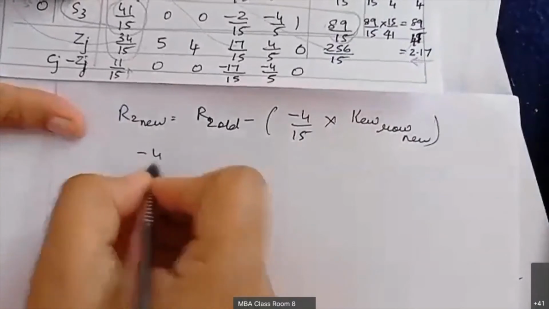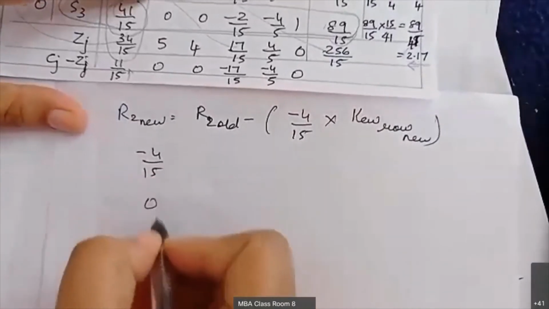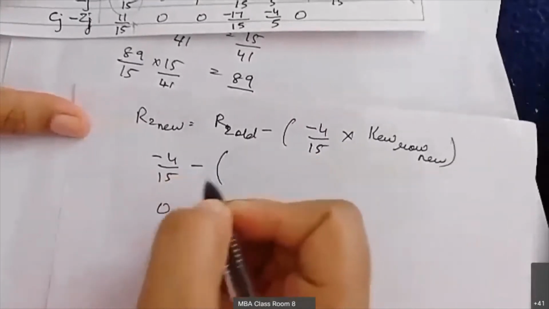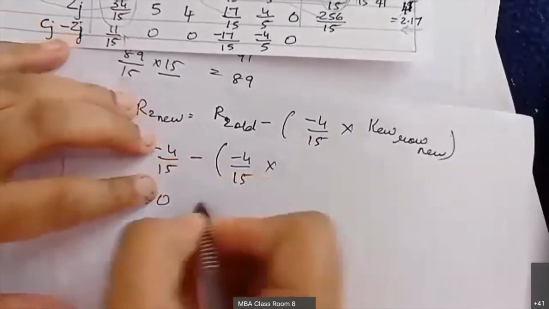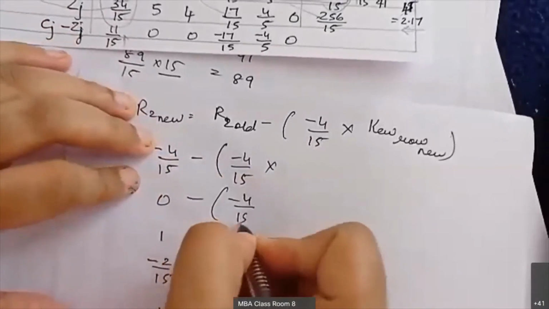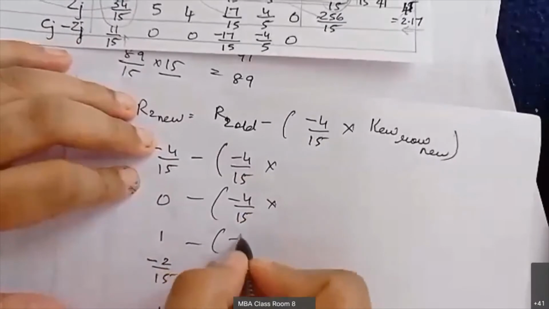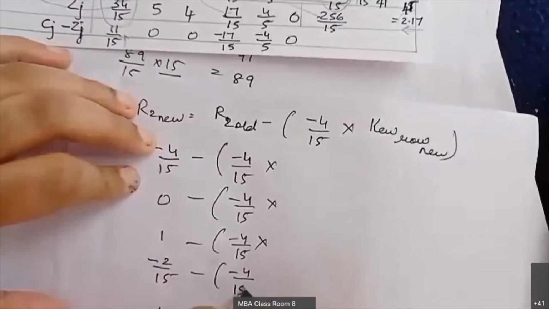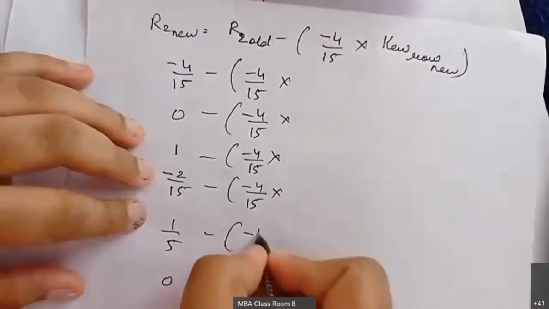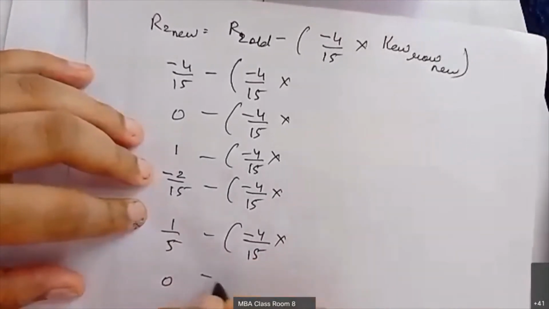That is minus 4 by 15, then 0, 1, minus 2 by 15, 1 by 5, 0, and 14 by 15. Now minus 4 by 15 into minus.